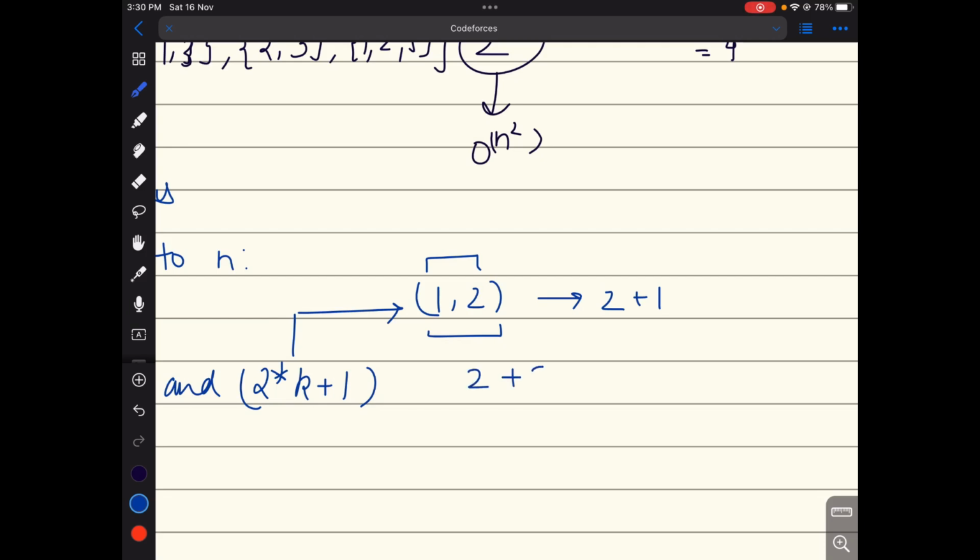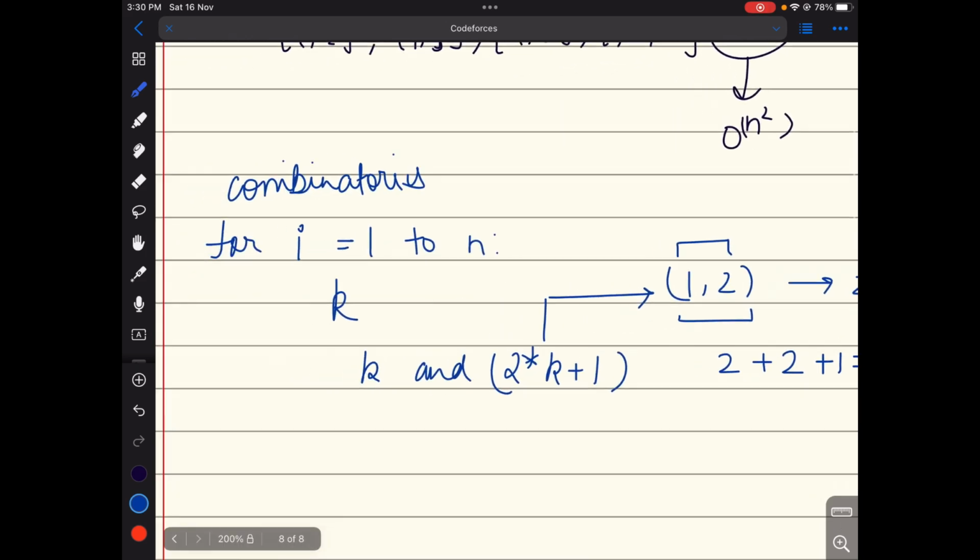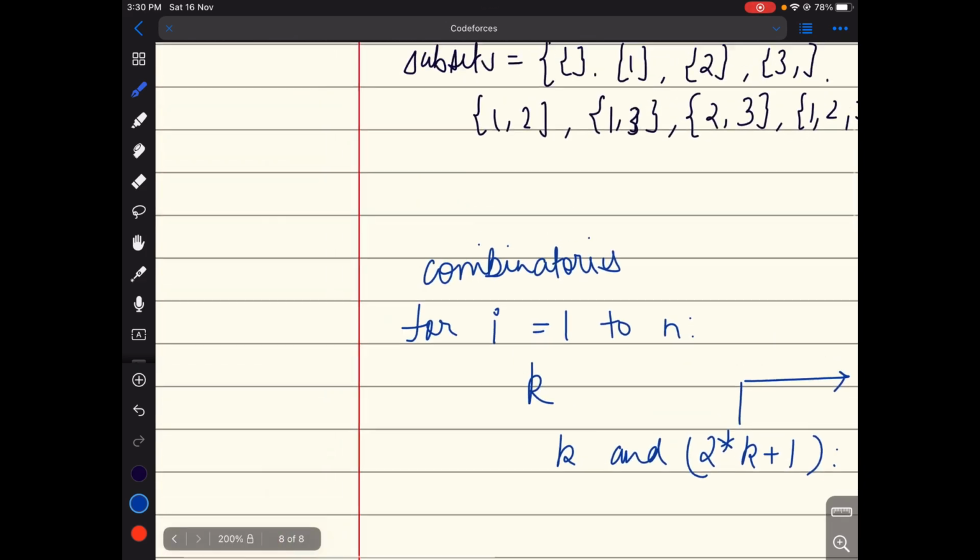So 2 plus 2 plus 1, that is, by the time we reach 5, we will get our mex. So that is the bound for k which we needed to evaluate first. That is our first hint.